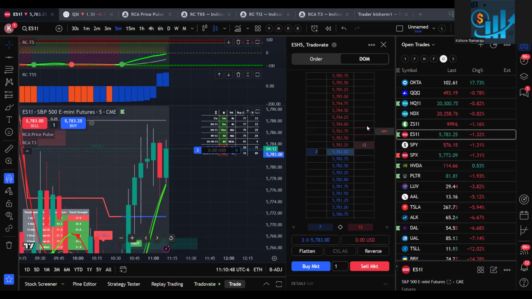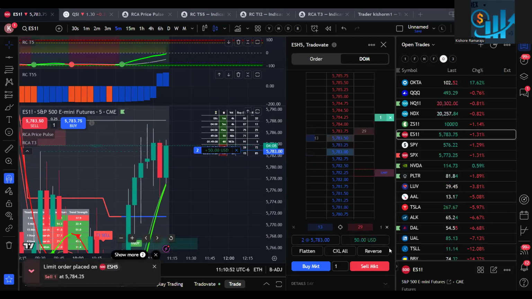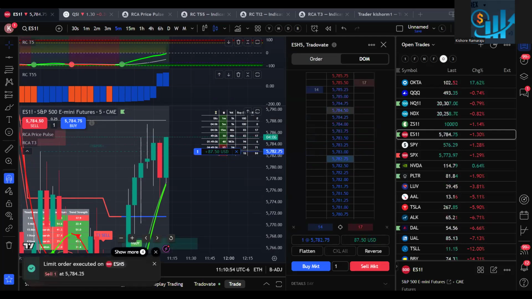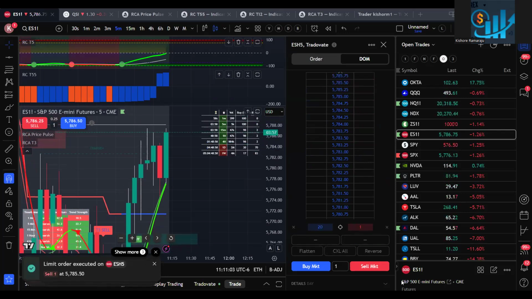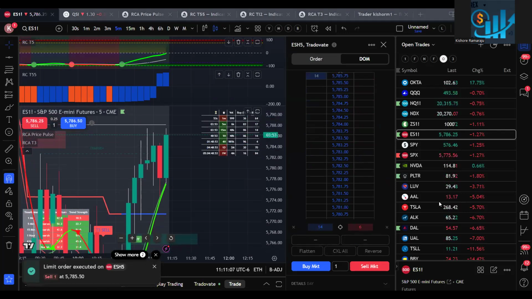And also we can take an SPX bull put spread. You can also get SPX 5705 5695 bull put.